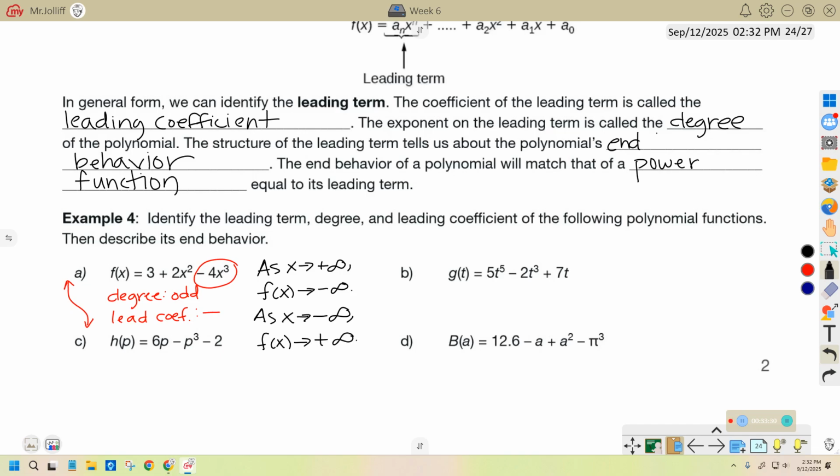Yeah, very good. On the positive side of the graph, the curve goes down. On the negative side of the graph, the curve goes up. Perfect.